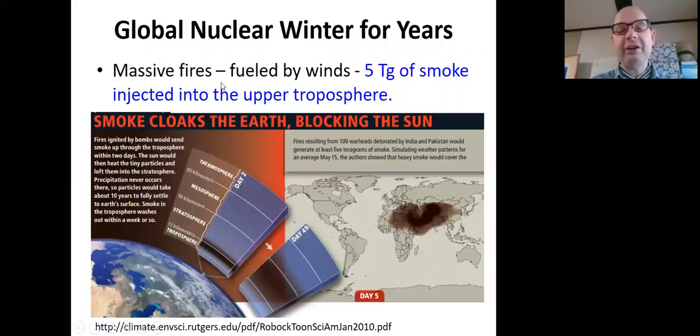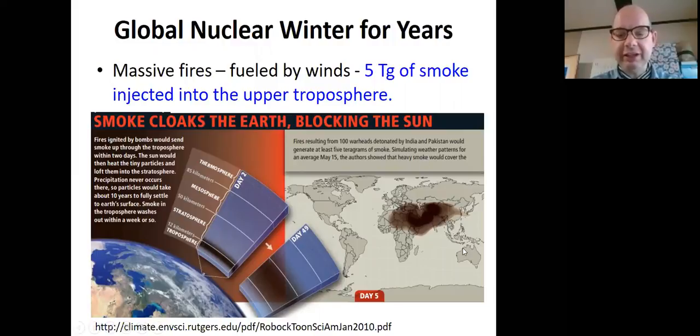The massive fires would be produced and would be fueled by winds, as I said, it creates its own climate and so on. You would have 5 teragrams of smoke injected into the upper troposphere. That's what the simulations say. A teragram is 1 times 10 to the 12th gram of smoke that would be injected.